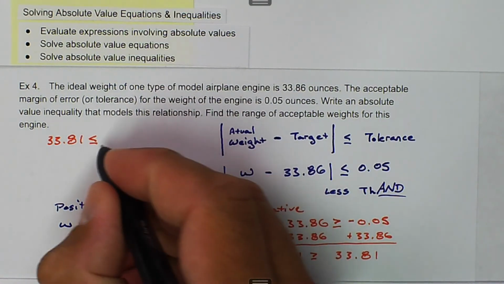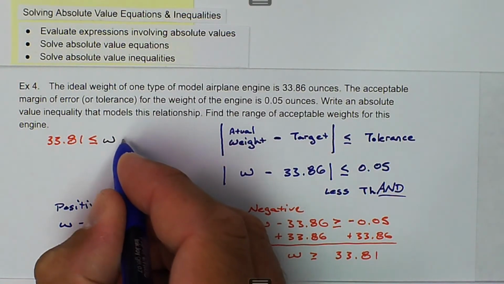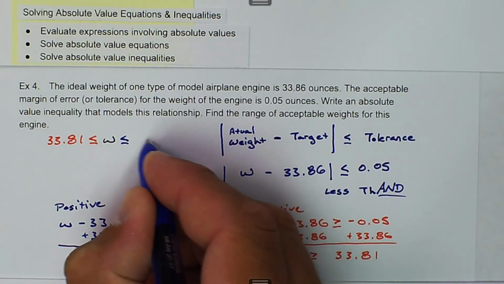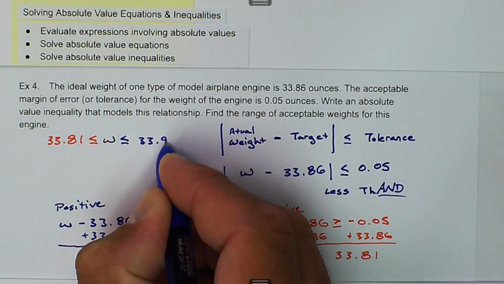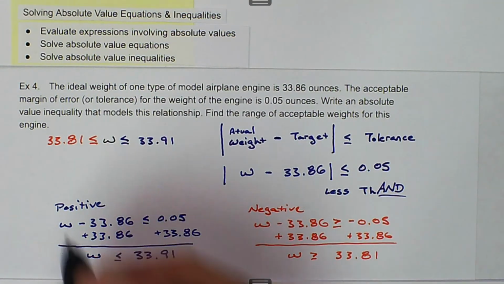Our variable in this case is W, and we want our arrows pointing towards W, so we keep that the same. And then we have 33.91. We can also write this in interval notation.